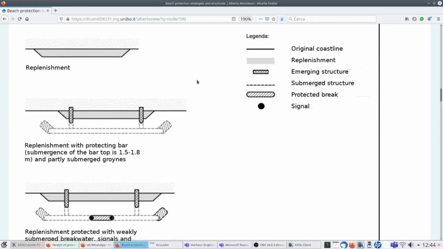And the submerged bar is an interesting intervention because its impact in terms of visual appearance is close to zero, and its effectiveness is very often significant.